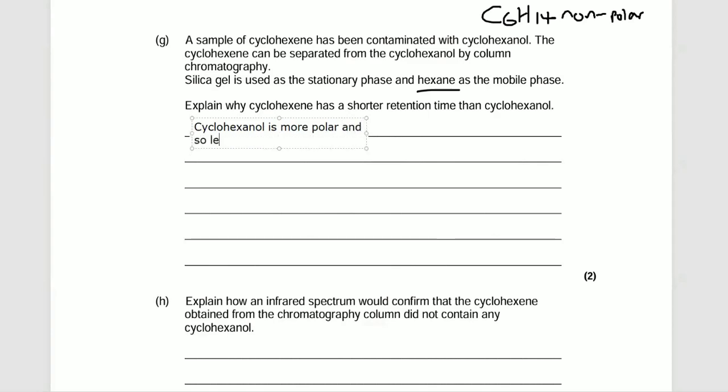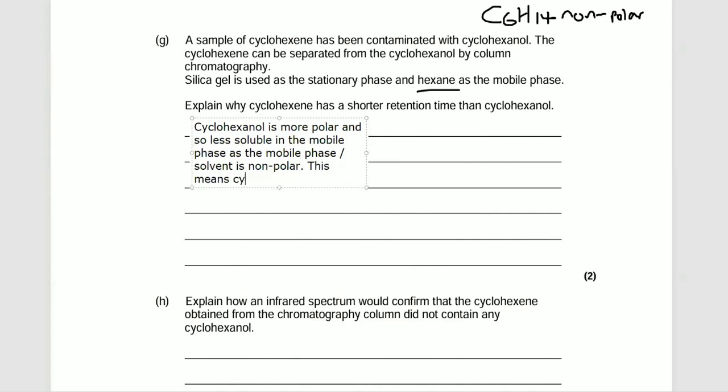The fact that cyclohexene is retained less time on the silica gel means cyclohexene spends more time in the non-polar solvent. That means cyclohexanol must be the more polar molecule, and because of the OH group, the hydroxyl group, it's polar and is being retained on the silica gel more.